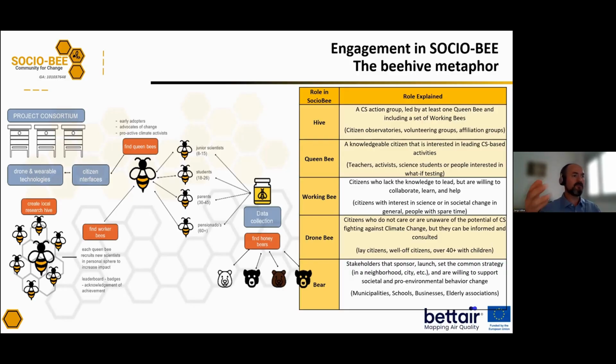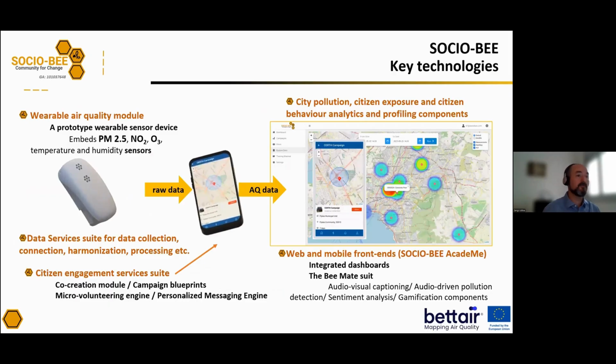And then we have the figure of the drone bees, which are people associated to a measurement campaign, not directly doing measurements, but perhaps doing dissemination, talking about it, or explaining what is being done. And the bears, which are interested in the honey. What is the honey? The honey is the data, the information we get from a campaign. So that was this pretty nice metaphor that got the idea of the engagement approach.